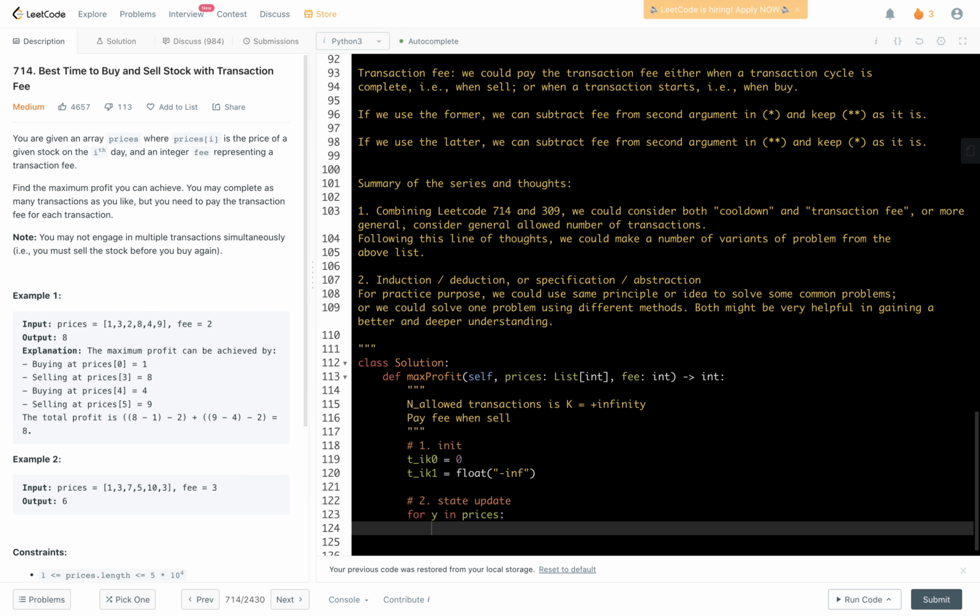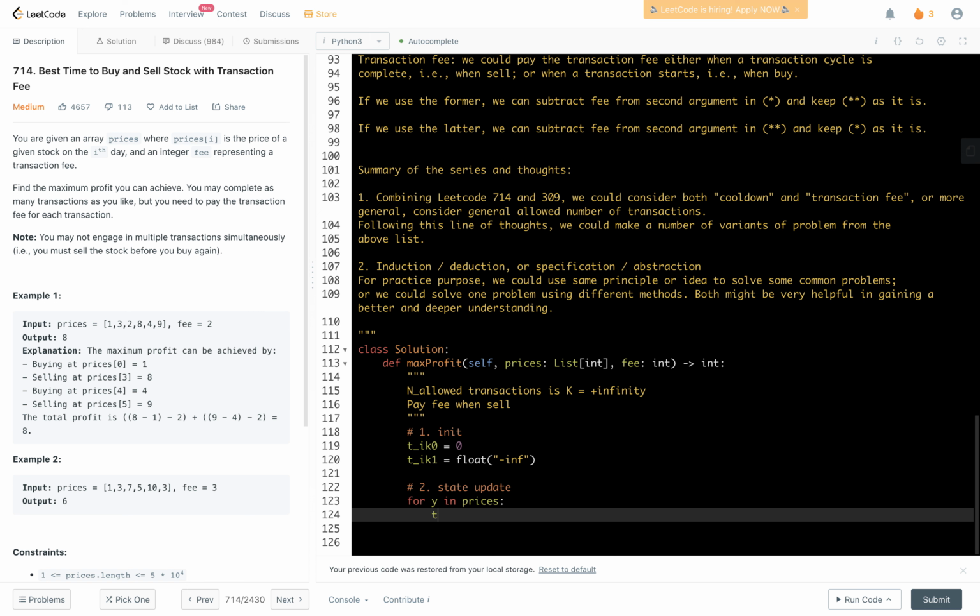If we use a DP table, this step corresponds to the DP update. We are going to look at each day. So for y in prices, notice that we do not need to specify the indices. First, let's update T_ik0.